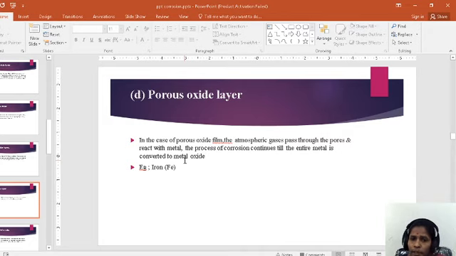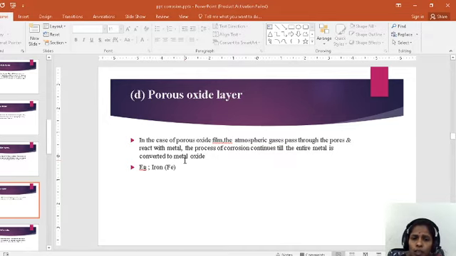So the entire metal does not undergo corrosion in the stable oxide layer. In the volatile oxide layer and the porous oxide layer, the entire metal undergoes corrosion due to evaporation and due to the dust particles going inside the pores, respectively. So those are the types of oxide layers.